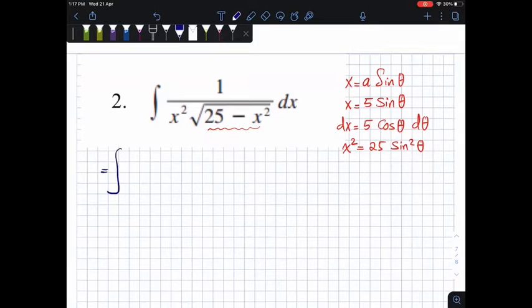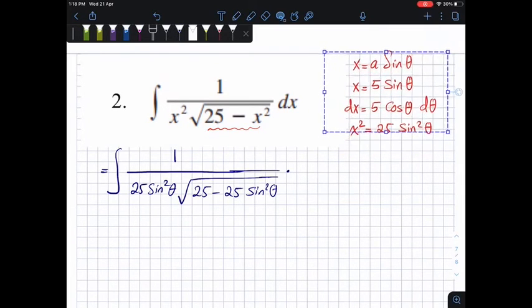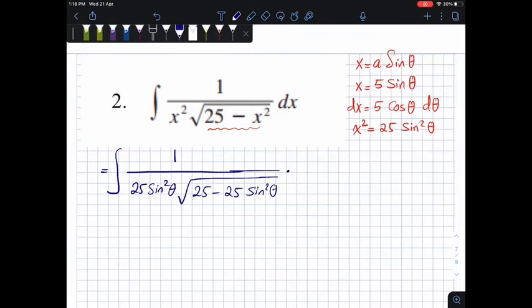Equal the integral of, make a fraction, 1 over x squared, which is 25 sine squared theta, and the square root of 25 minus 25 sine squared theta. The dx is cosine, 5 cosine theta d theta.